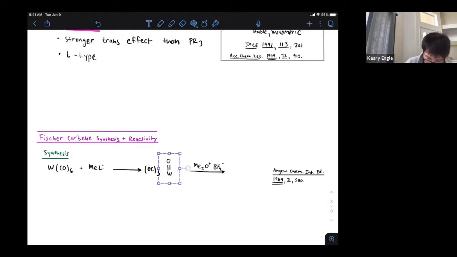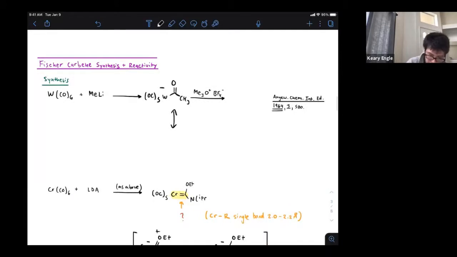Sorry, I'm making a mess of this. So you can draw that addition. Now methyl lithium is a strong nucleophile, so the most electrophilic site on the metal hexacarbonyl is one of the carbonyl carbon atoms.